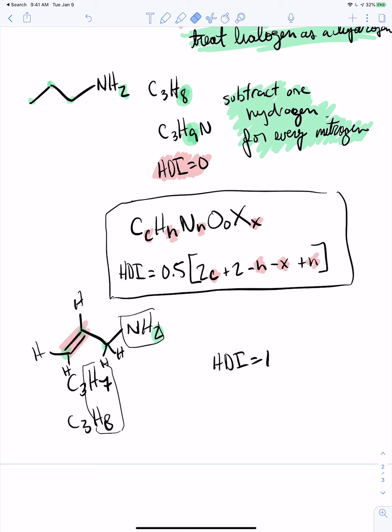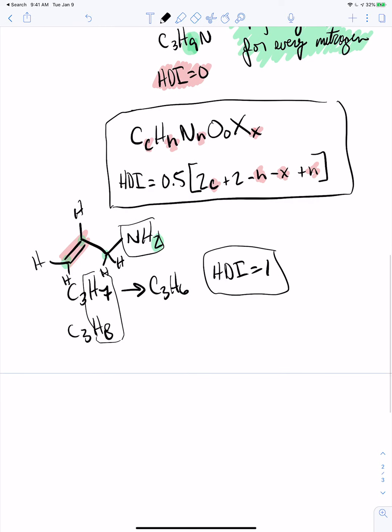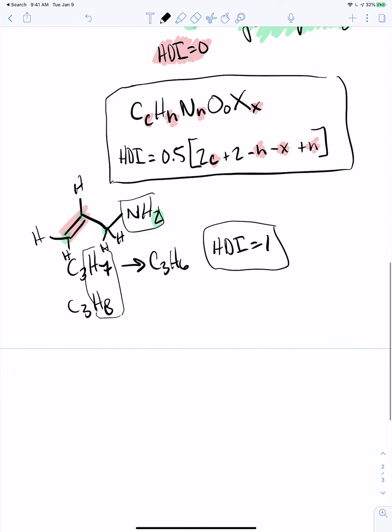I know that for nitrogen we have to subtract 1 hydrogen. Nitrogen we have to subtract 1, excuse me. So this goes to C3H6. That's how we think about it, and that's why we get an HDI equal to 1.